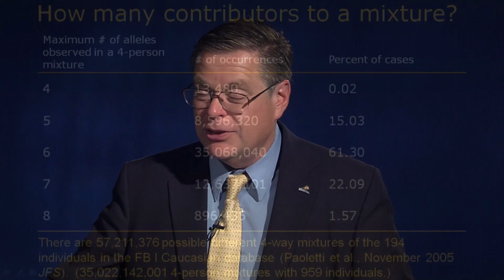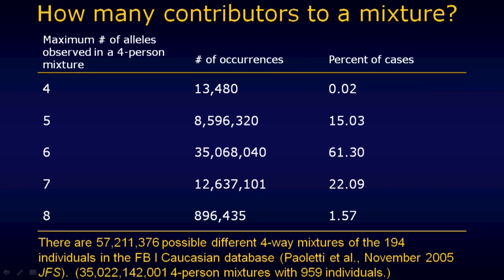Well, let's move on. One other way that we can start to analyze that data is not by looking just at three-person mixtures. As part of that study, we also did analyses with four-person mixtures. I'm going to cut to the chase here and tell you that when we're talking about a known four-person mixture, more often than not, known four-person mixtures were presenting themselves as if they were just three-person mixtures.